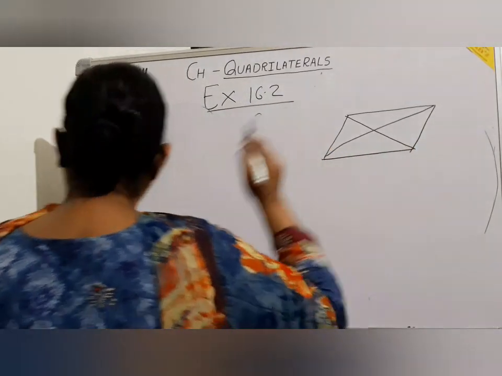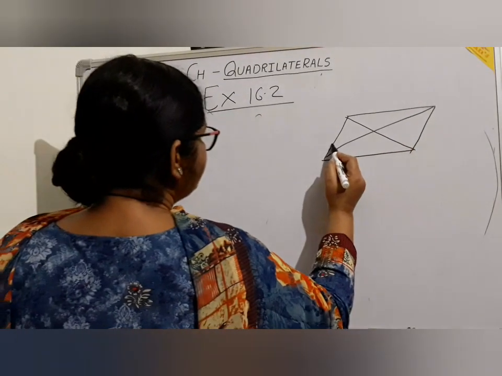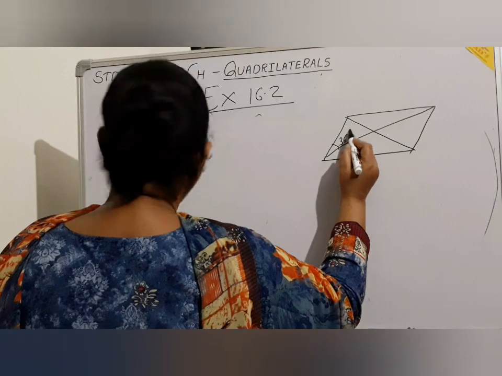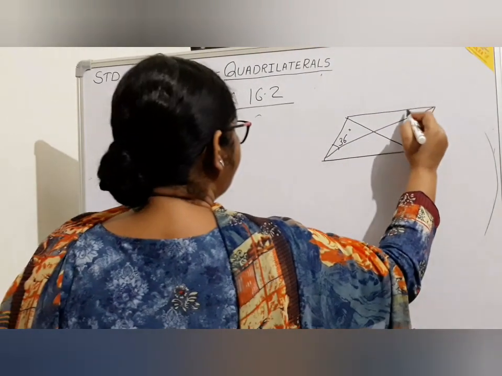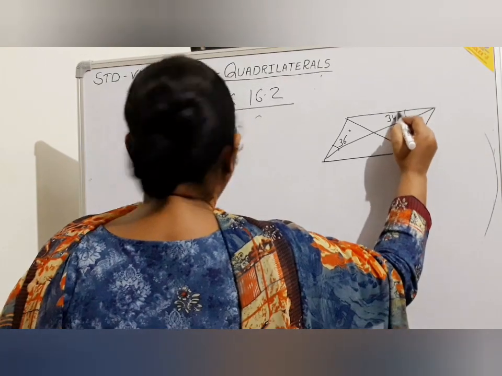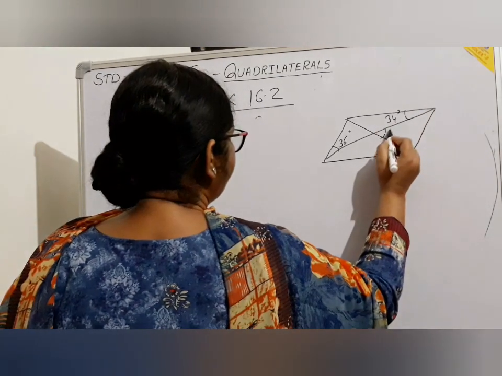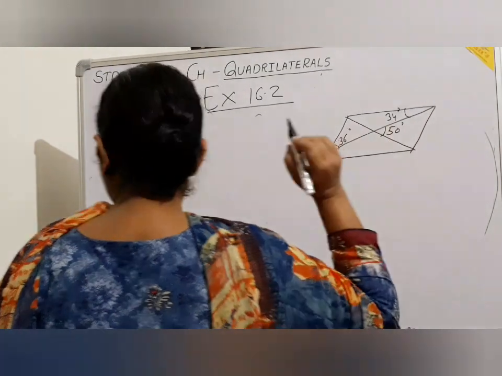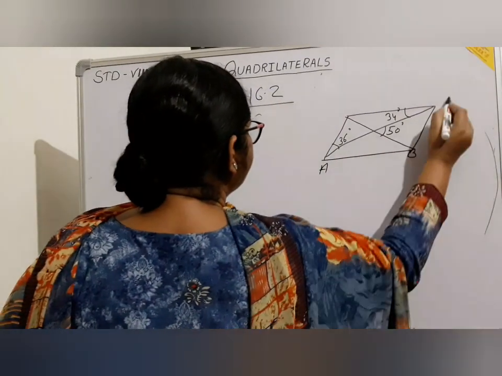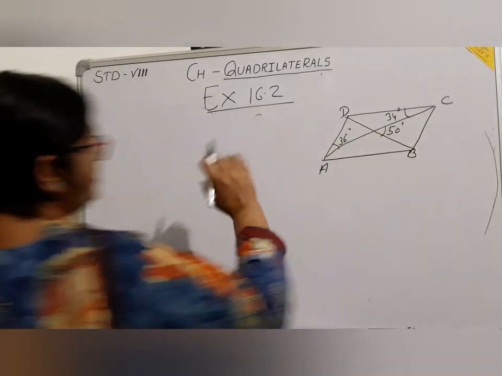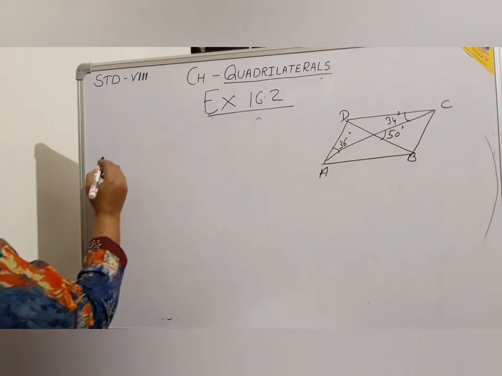These are two diagonals. This angle is given 36 degree and this one 34 degree. This is 50 degree. A, B, C, D is the given figure.